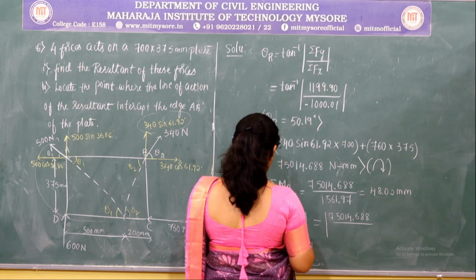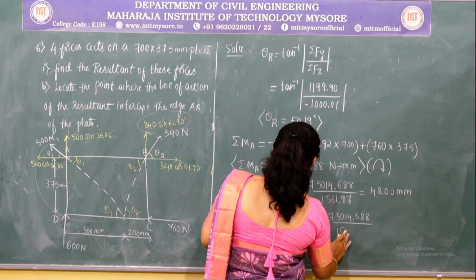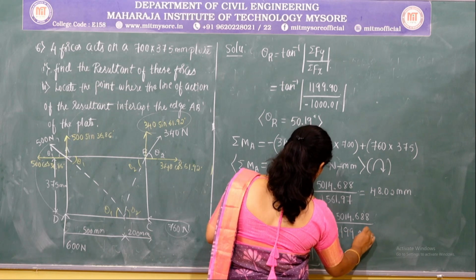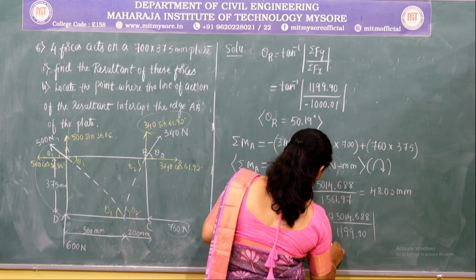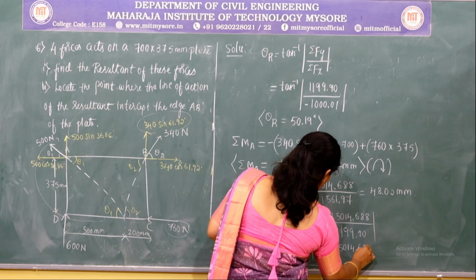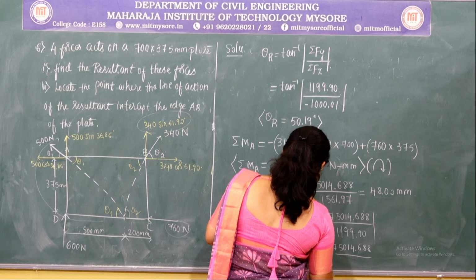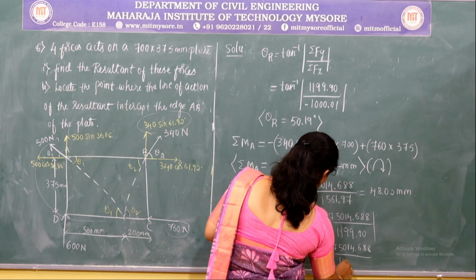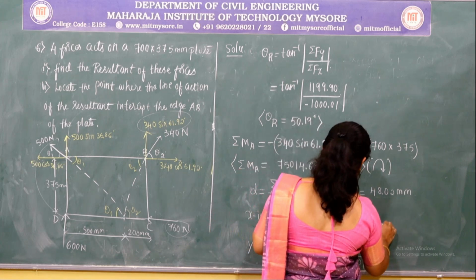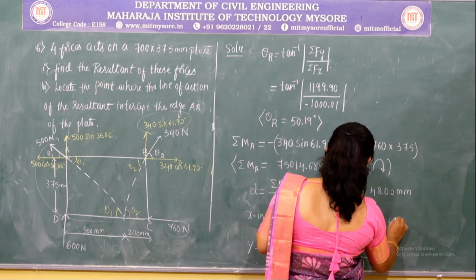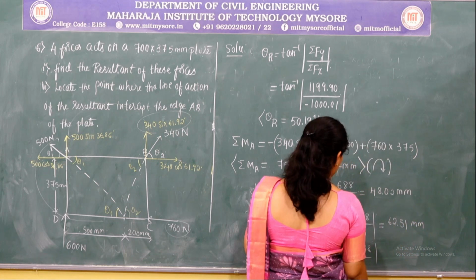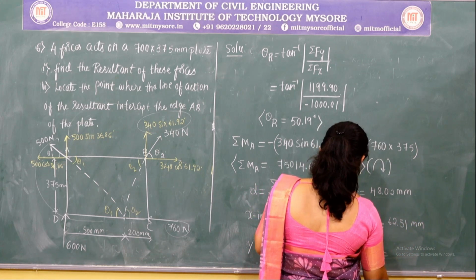Fy is 1199.90. So on solving this, we are going to get the value of the x-intercept as 62.51 mm and the y-intercept as 75.01 mm.